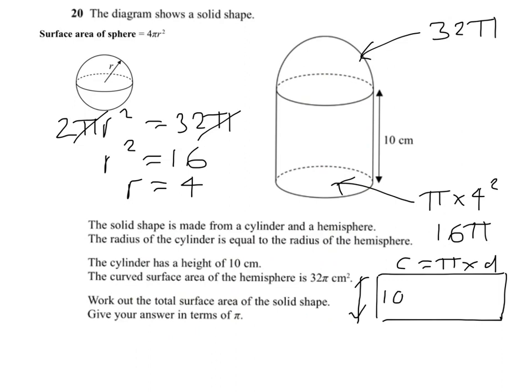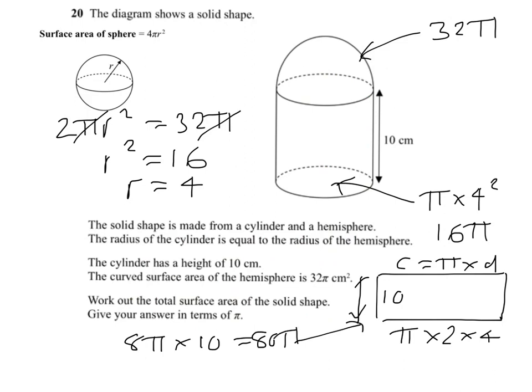So pi times the diameter: the radius is 4, the diameter is 2 fours, so we're at pi times 2 times 4, and that is 8 pi. So 8 pi times 10 for the area of the rectangle, to give me 80 pi.